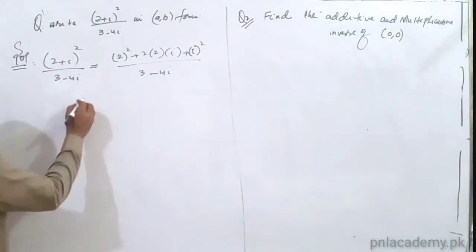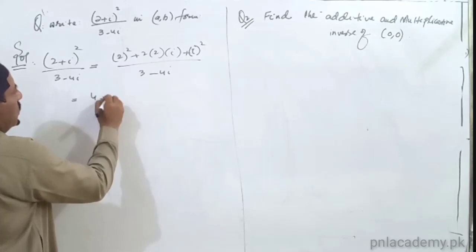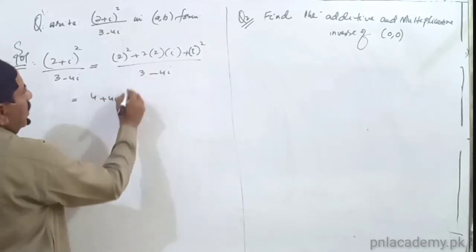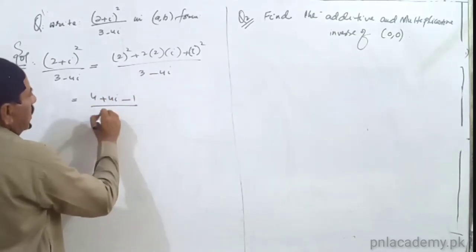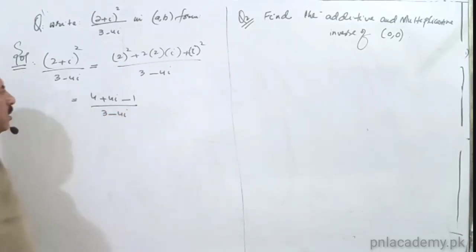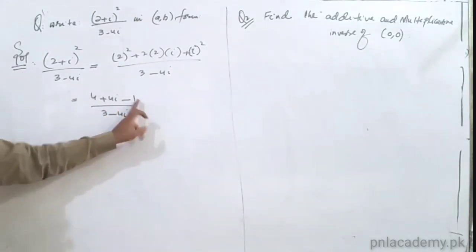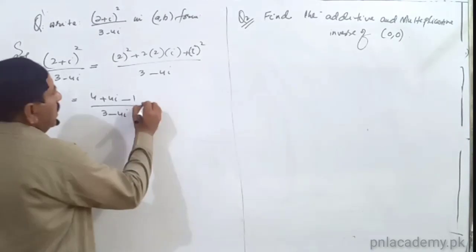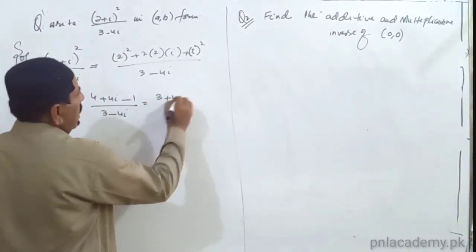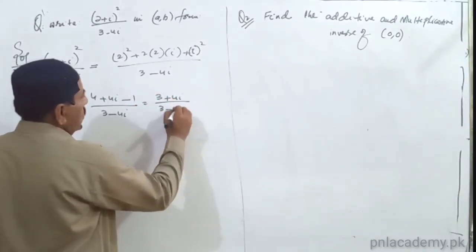So this will be 4 plus 4 iota minus 1 upon 3 minus 4 iota. So 4 minus 1, both are real numbers. This will be 3 plus 4 iota upon 3 minus 4 iota.